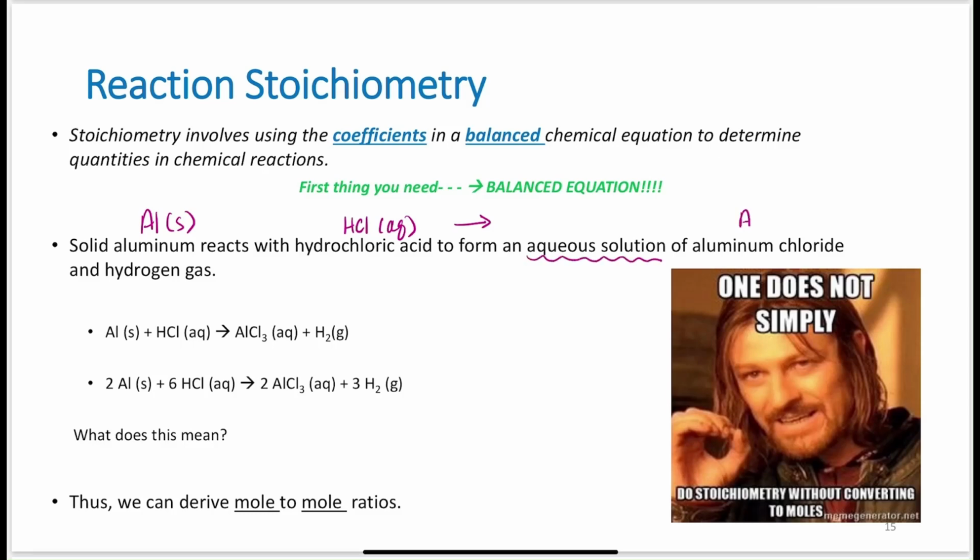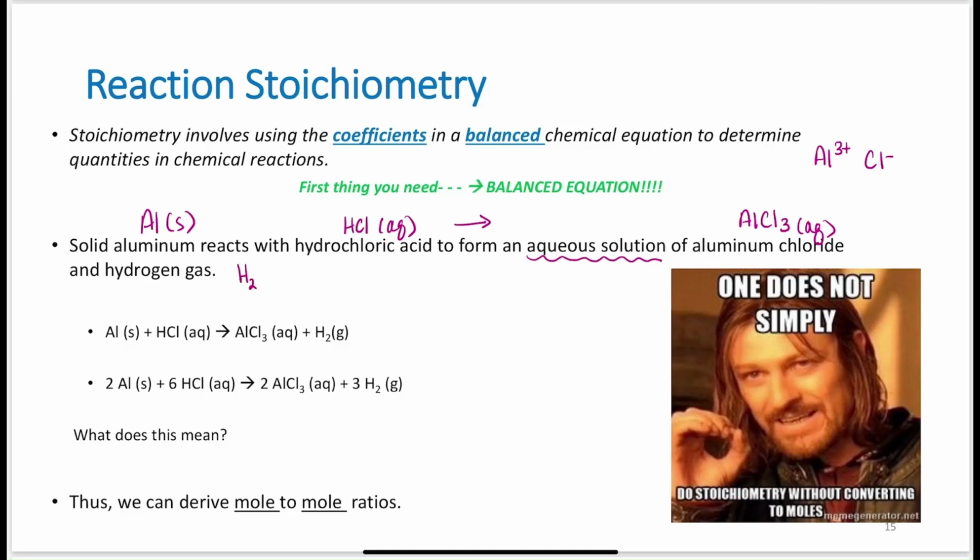Aluminum chloride. You guys should know that aluminum chloride is AlCl3 because aluminum is always 3 plus, chloride is always -1. So to neutralize that charge there, I need to have 3 chlorides for every 1 aluminum. And we know it's an aqueous solution. And hydrogen gas.